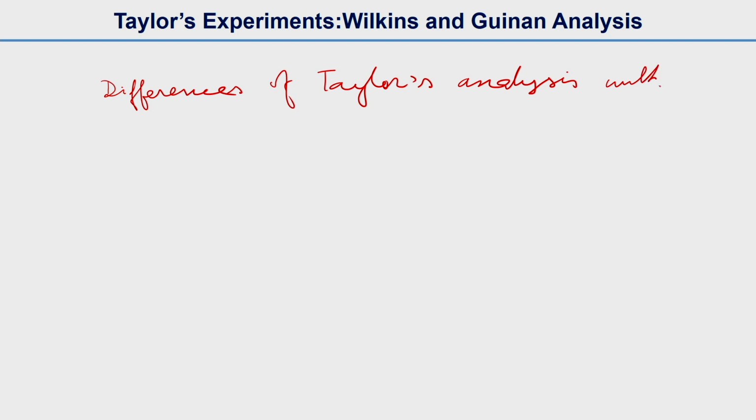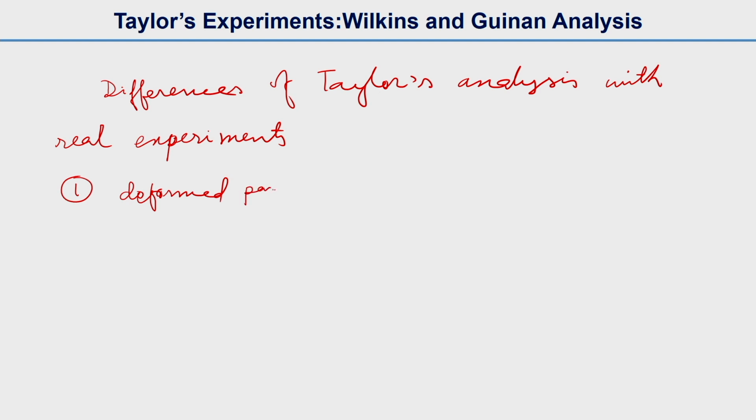So the main differences of Taylor's analysis with real experiments are, number one, the deformed part may not be conical.